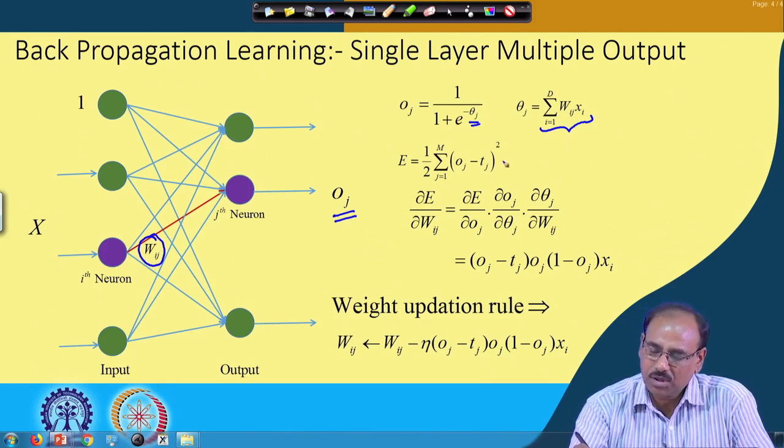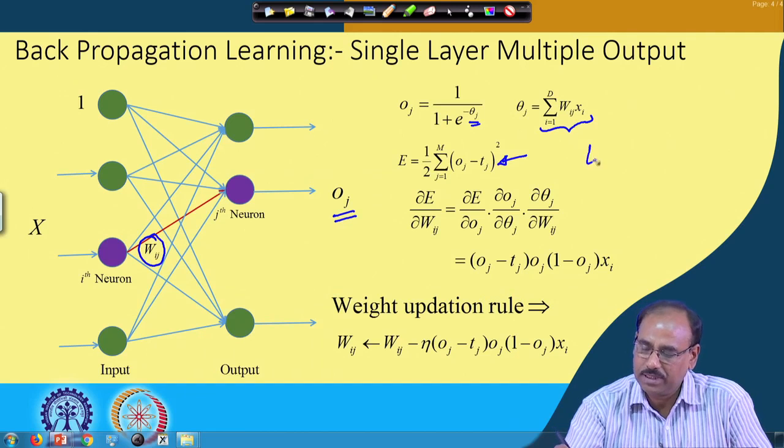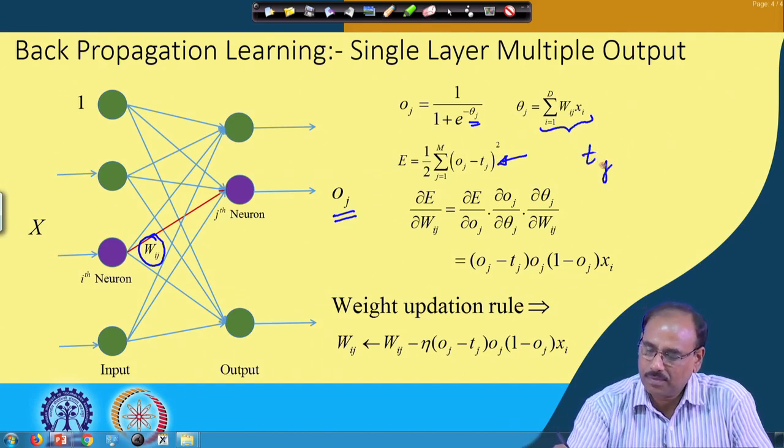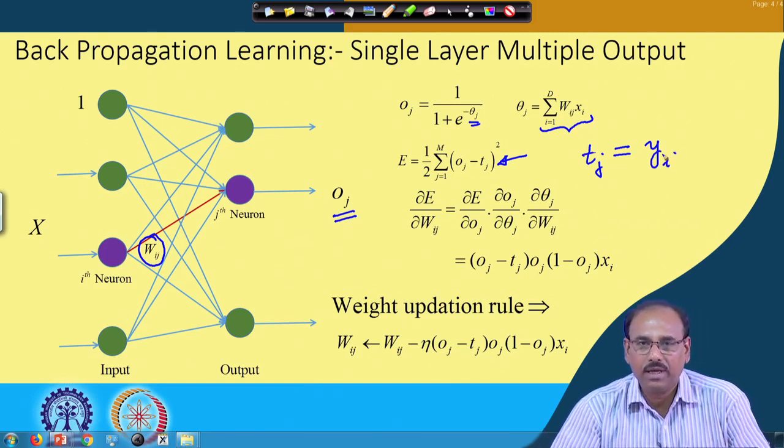Given this, we defined an error function or loss function, which is half of (o_j minus t_j) squared, where t_j is the target output. This t_j is nothing but y_j, that is, the actual class belongingness of the feature vector.